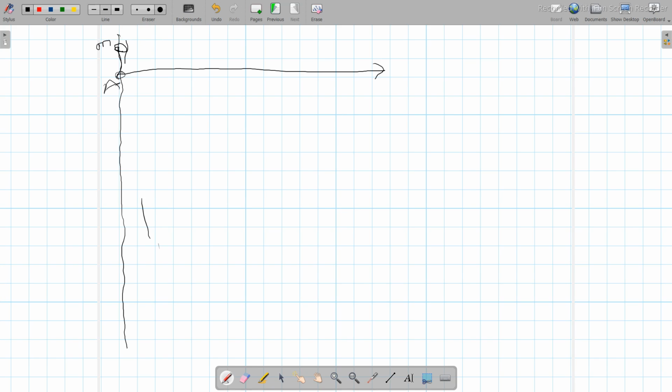It is connected with a body of capital mass M. So this is its initial position. We say that this is time equal to 0. Please forgive my drawing.